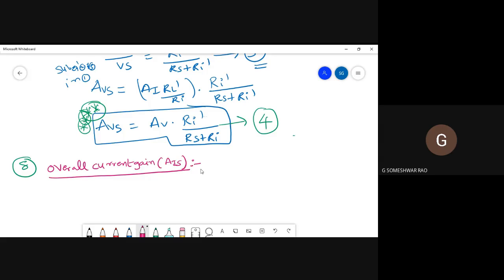Or you can also say current gain with source into consideration.